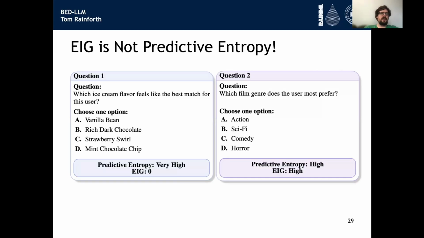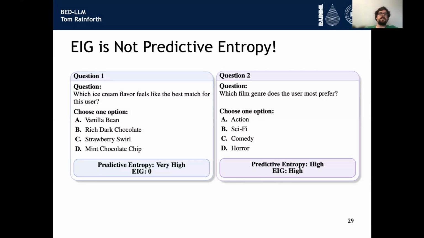To give a simple example to explain this, imagine we're trying to make film recommendations. Two questions we might consider here are: which ice cream flavor feels like the best match for the user, or which film genre does the user most prefer? Both of these are going to have pretty high predictive entropy, but the first question is going to have a terrible EIG.